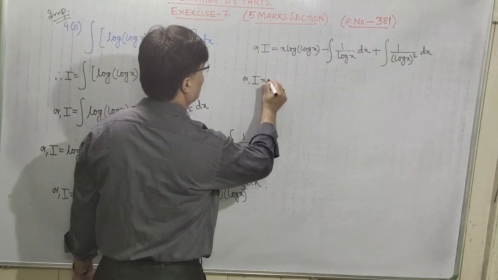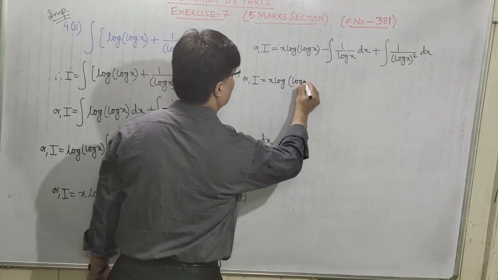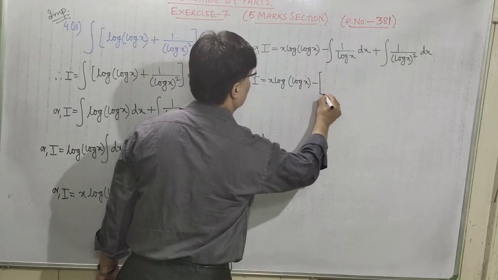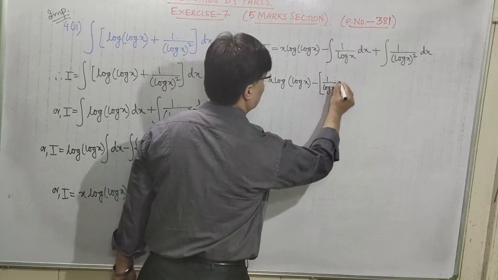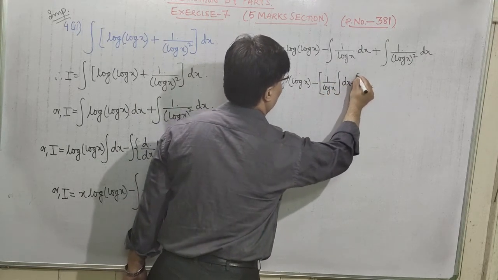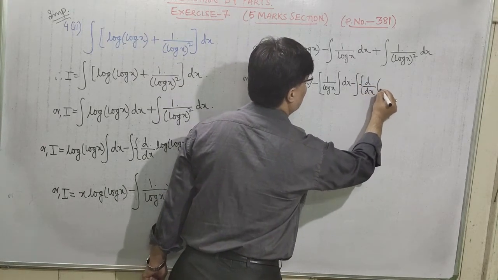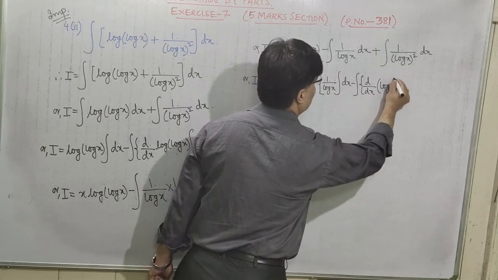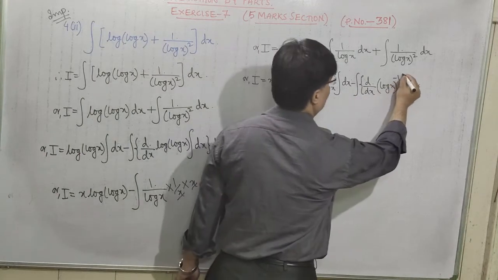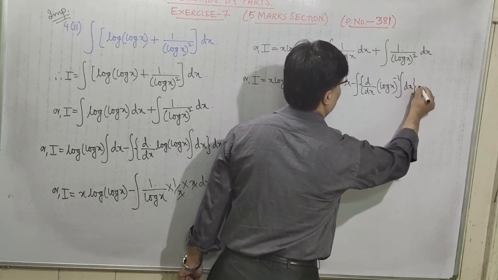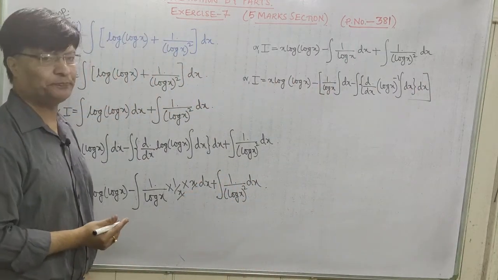Now let's use the method. I is equal to x log of log x minus, let us use integration by parts for this function. So 1 by log x is taken outside, integration of dx, minus integration of the second bracket, this is d by dx of, we can take log x to the numerator, so it becomes (log x) to the power minus 1, then integration of dx, second bracket closed, then third bracket is also closed.